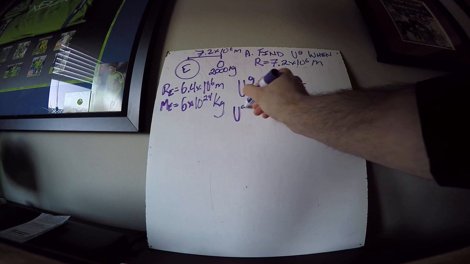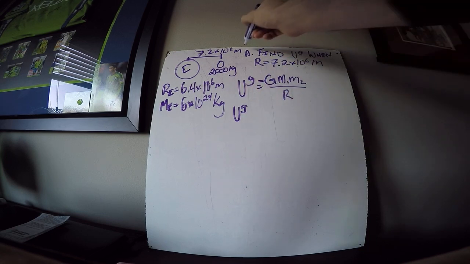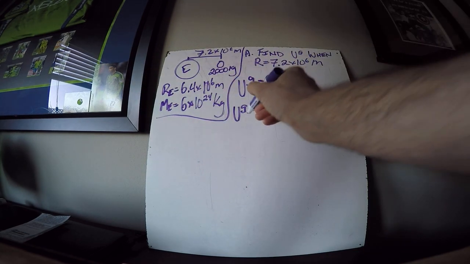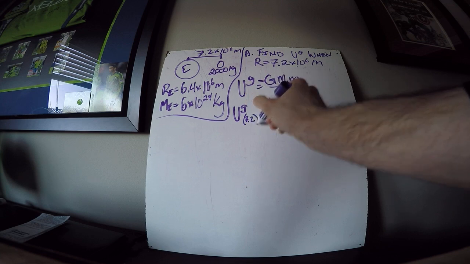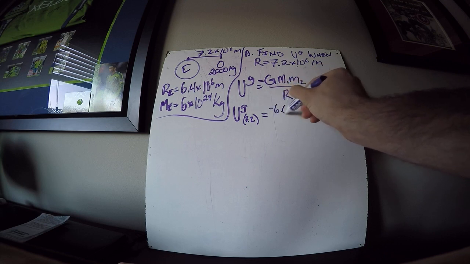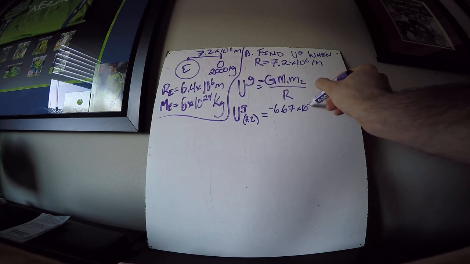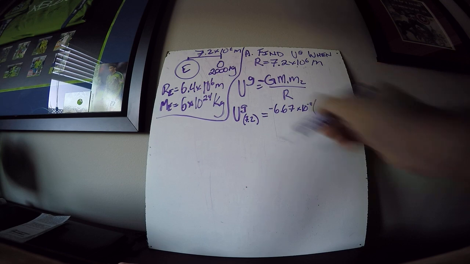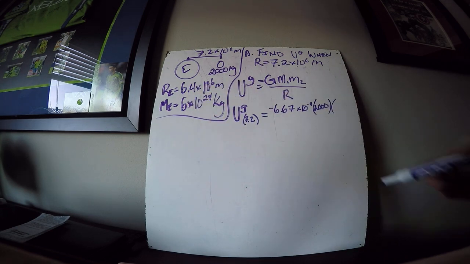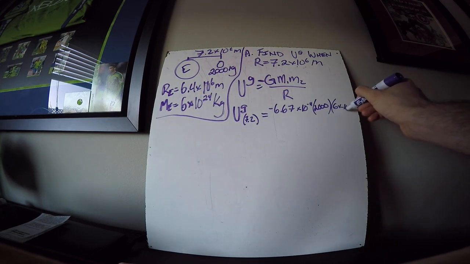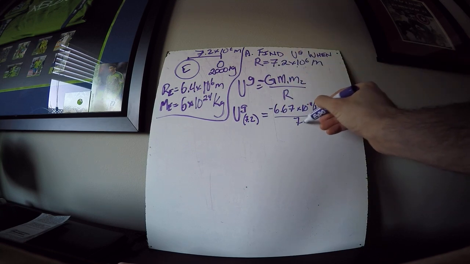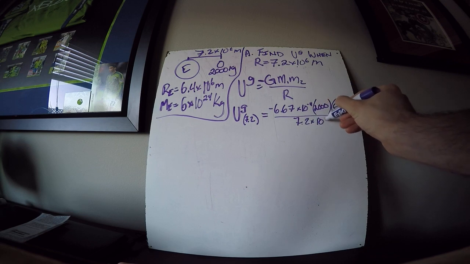So potential energy at 7.2 equals negative 6.67 times 10 to the negative 11 times 2,000 times 6 times 10 to the 24, all over 7.2 times 10 to the 6th.